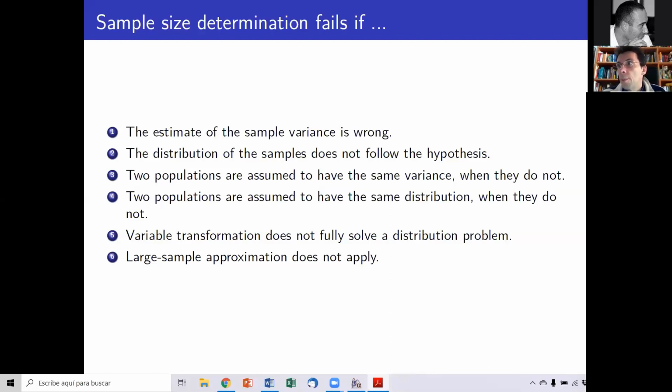And the logarithm is meant to make the observation Gaussian. Sometimes the transformation that you do doesn't fully conform the Gaussianity. And then the sample size that you have used would be incorrect.